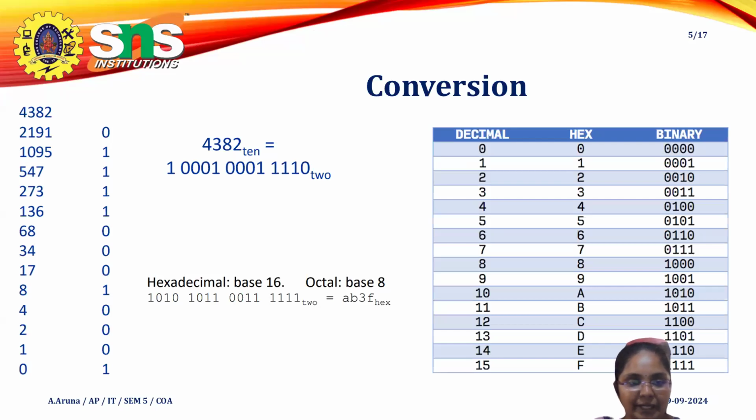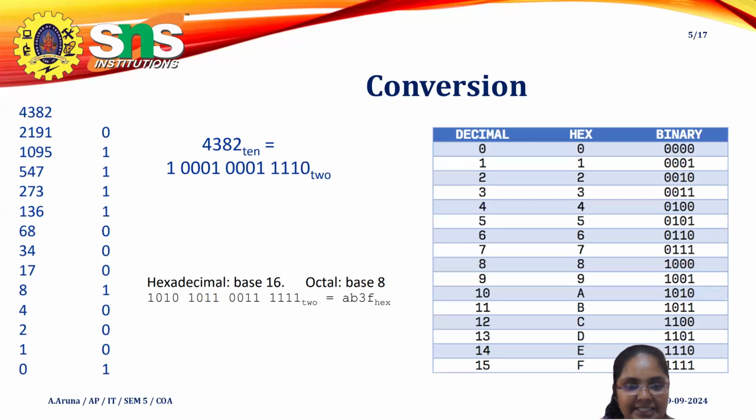Again dividing by 2, it is 1095, remainder 1. The remainders are written from top to bottom. The empty bits, up to the capacity of my memory, we take as 0 in the MSB part.